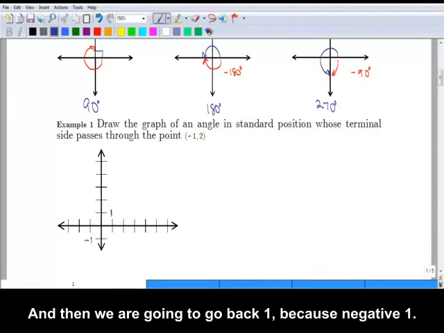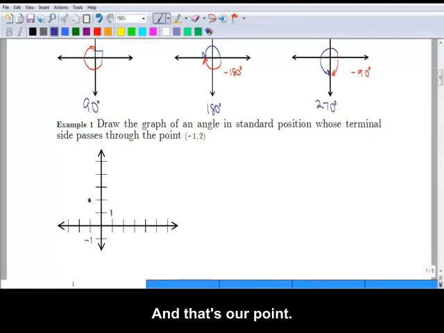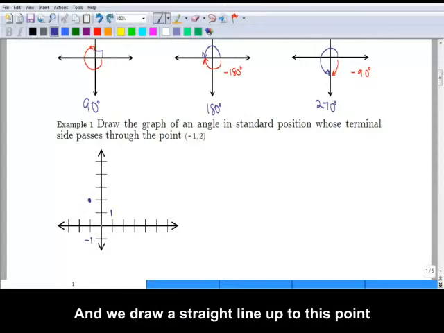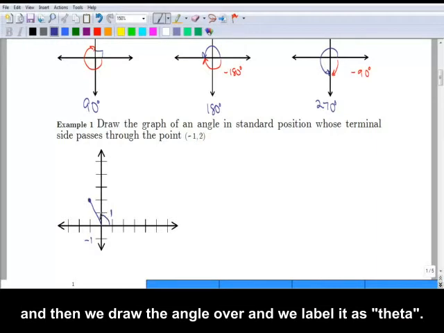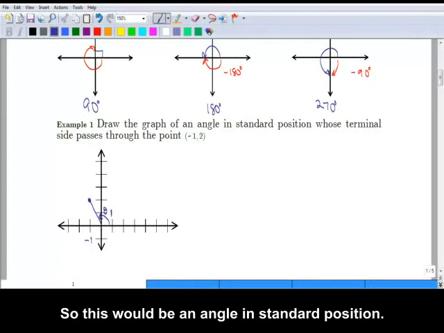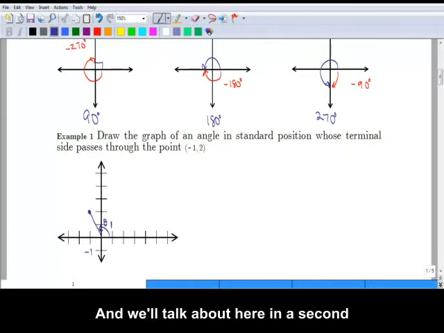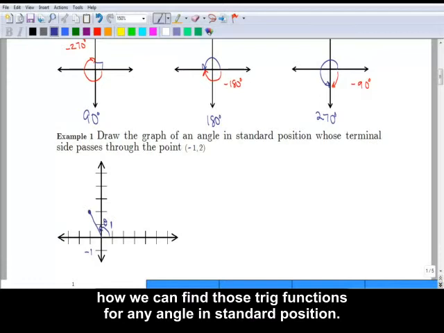And then we are going to go back 1 because -1 and up 2, and that's our point. And we draw a straight line up to this point, and then we draw the angle over and we label it as theta. So this would be an angle in standard position, and we'll talk about here in a second how we can find those trig functions for any angle in standard position.